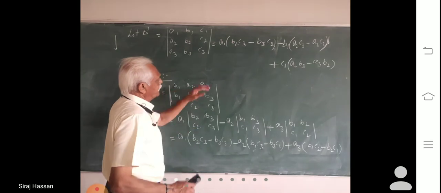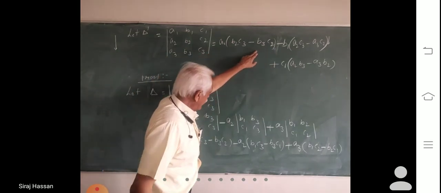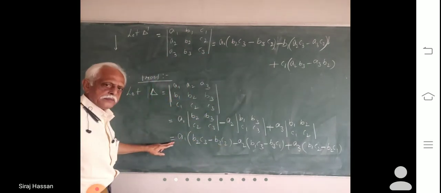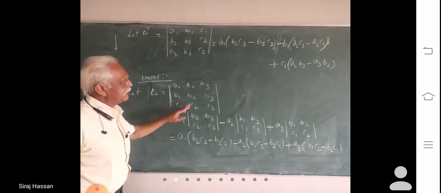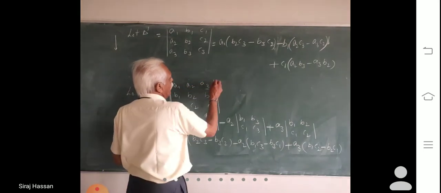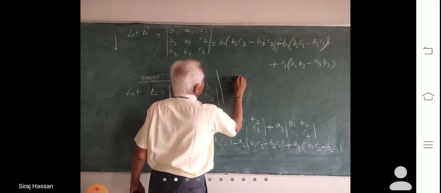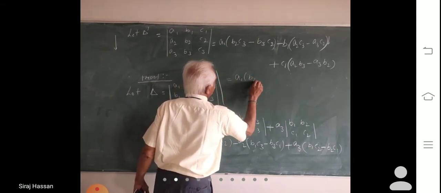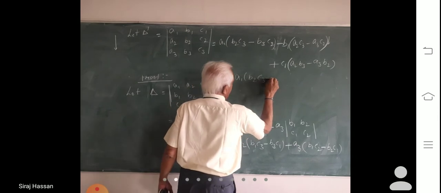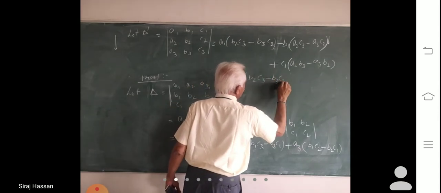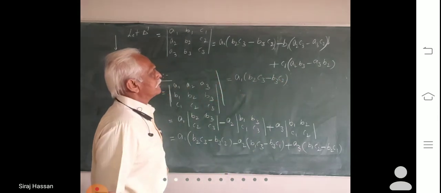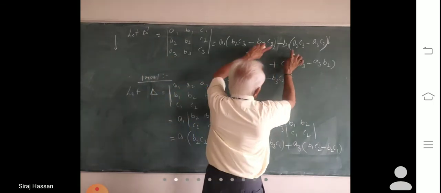Now you observe, this is the same term here also, so I am not changing that. Now, this is equal to A1 into B2 C3 minus B3 C2. Now expand this.